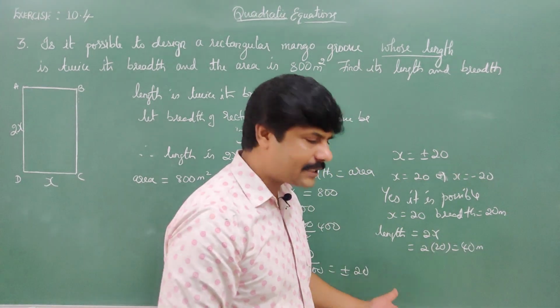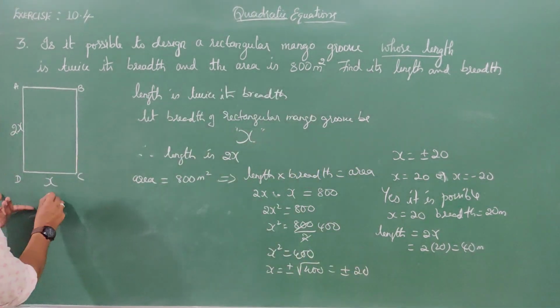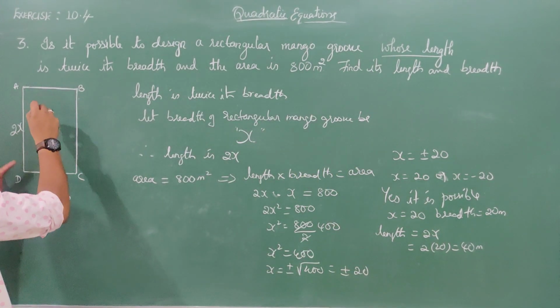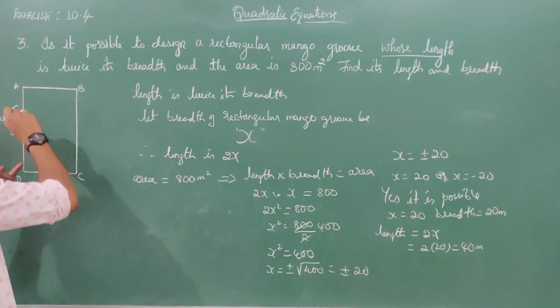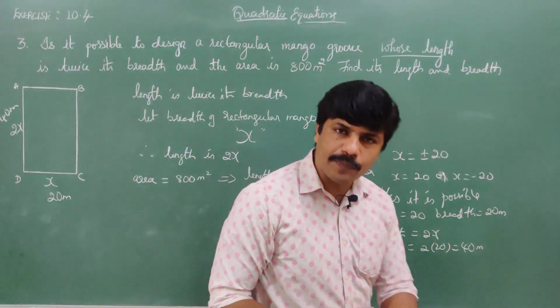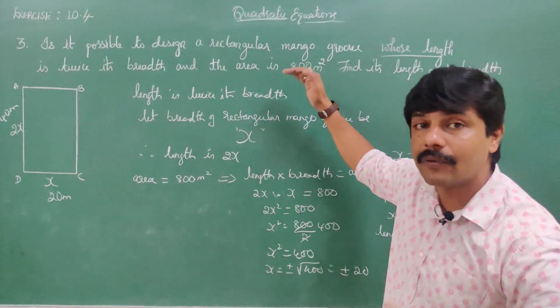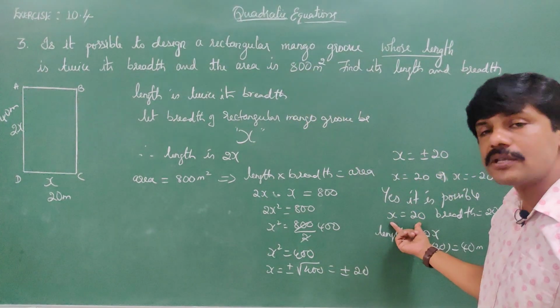Its breadth is 20 meters and its length is 40 meters. The question is whether it is possible to construct. Yes, it is possible to construct, because we have got a positive value of x.